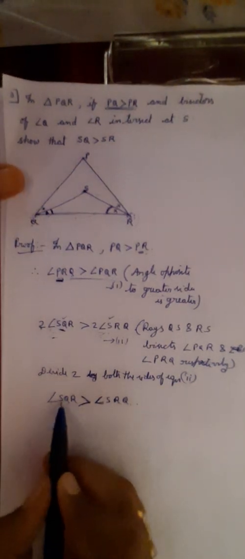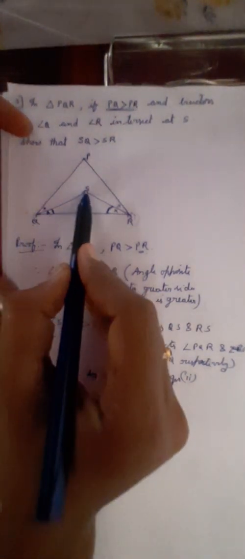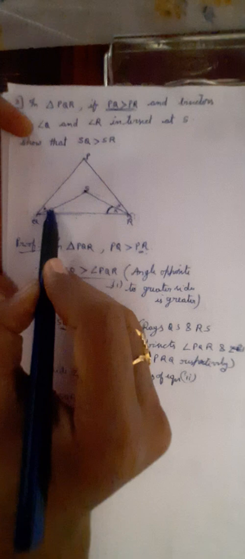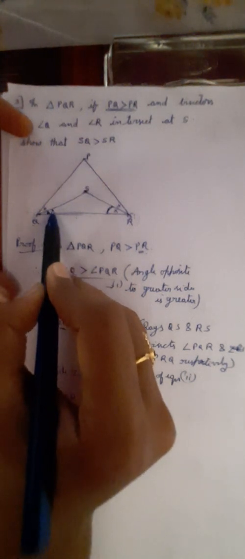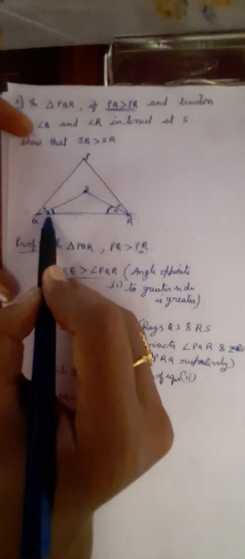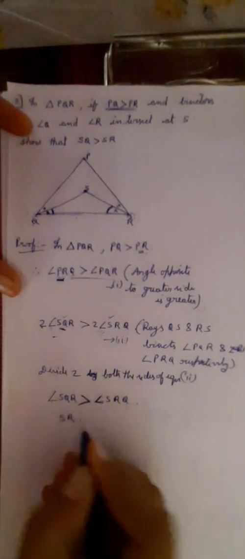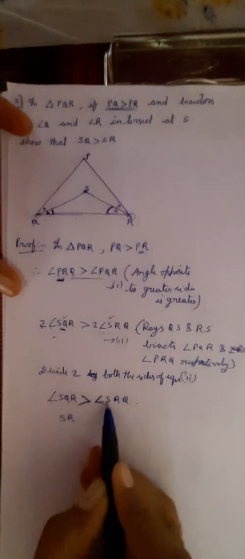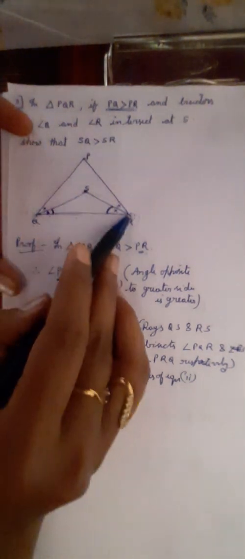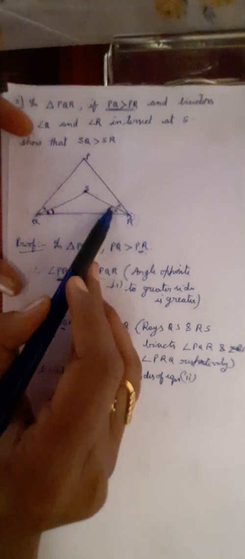So now see this angle SQR. Angle SQR is greater, then the opposite side is SR, correct? So side SR is greater, and here the smaller angle is SRQ. This angle is smaller.